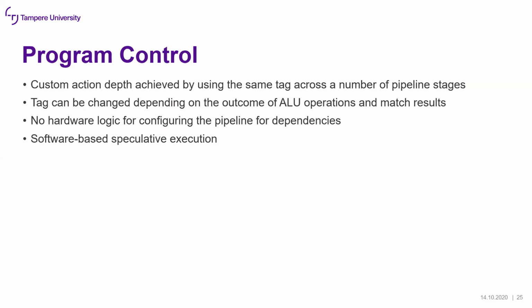The software defines what operations should be assigned to each stage of the pipeline. And also another technique called software-based speculative execution. Simply it means that even when the match result is in progress, you can perform some operations, and later on you decide whether to keep them or discard them.